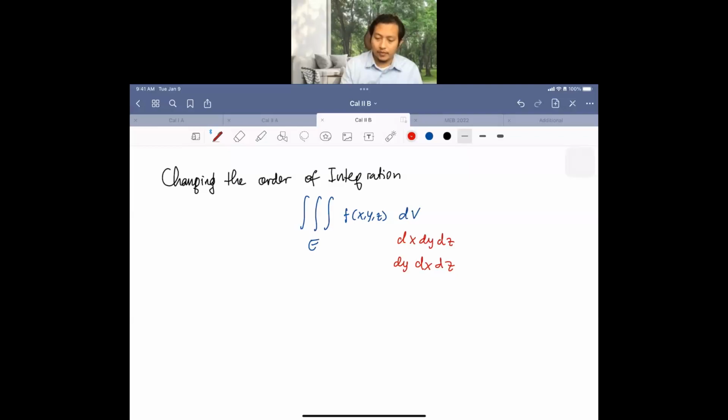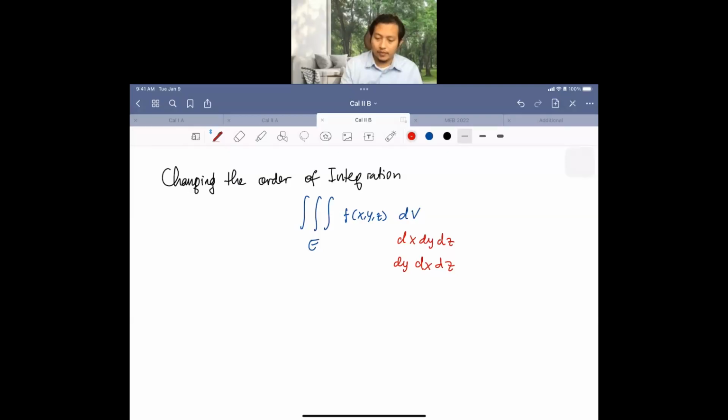I think for a double integral, we could easily observe and analyze through just sketching the two dimensions. Okay, and we could see how the region can be observed, and we can easily substitute dy dx becomes dx dy, right?